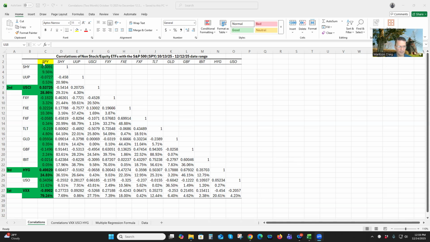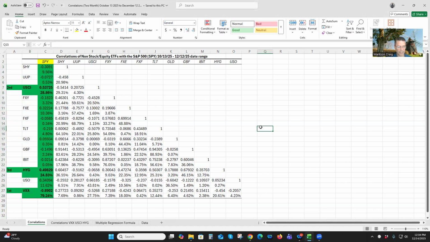The dependent variable is at the top, highlighted in yellow, SPY. That is an exchange-traded fund which tracks the S&P 500. And the B column along the left are various independent variables of exchange-traded funds.